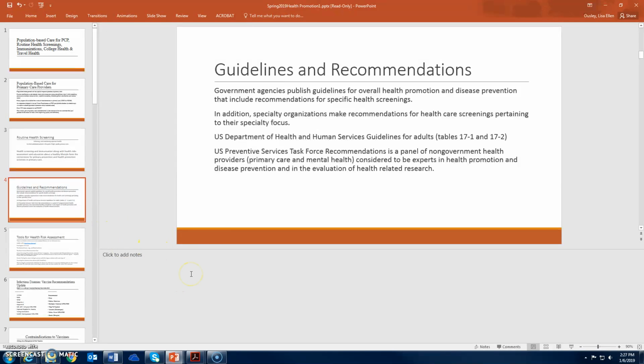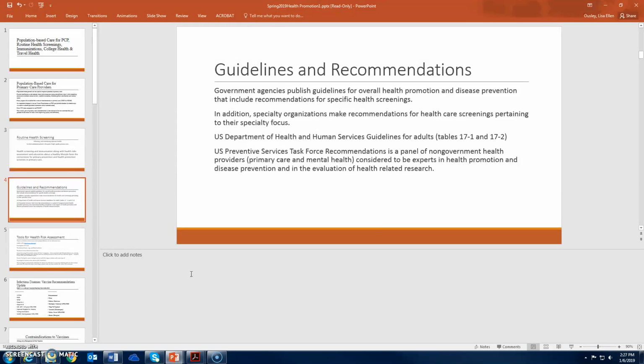Now, what I'd like to reiterate is that guidelines differ according to whatever research they're looking at and basing their judgment on. For instance, let me just give you an example. The U.S. Preventive Services Task Force does not recommend a skin exam for adults looking for skin cancer.